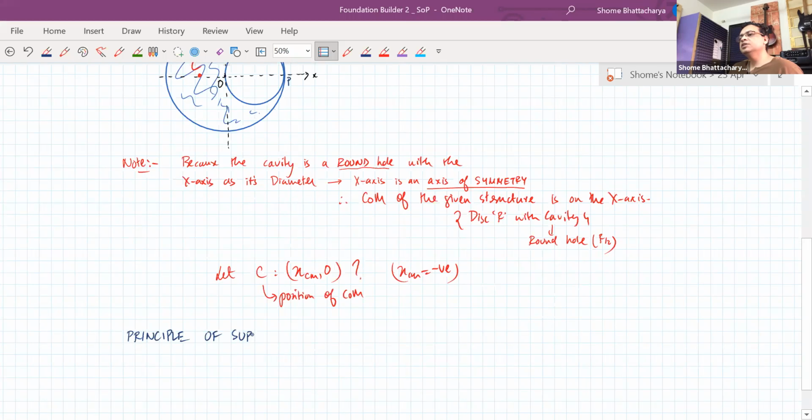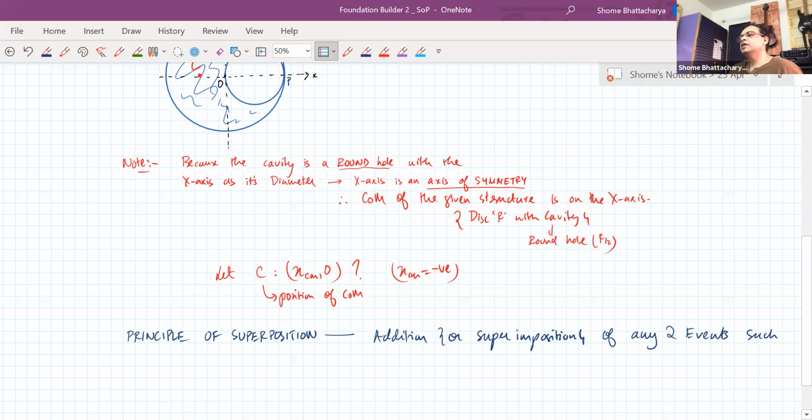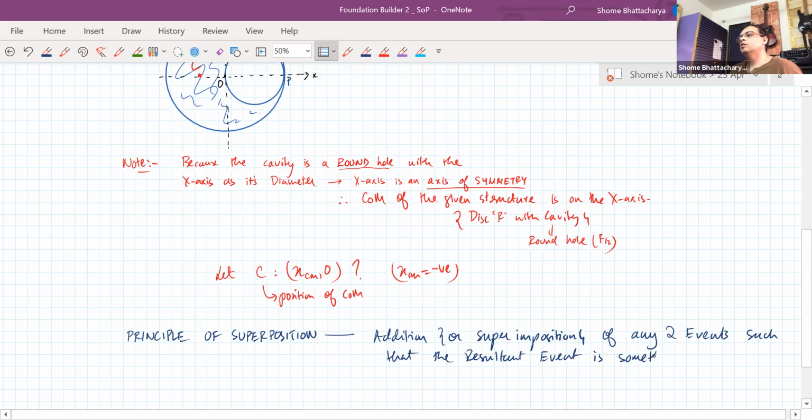The term superposition just means addition of two events, or you can say superimposing, that is putting one on top of the other, such that the resultant event is something well known.